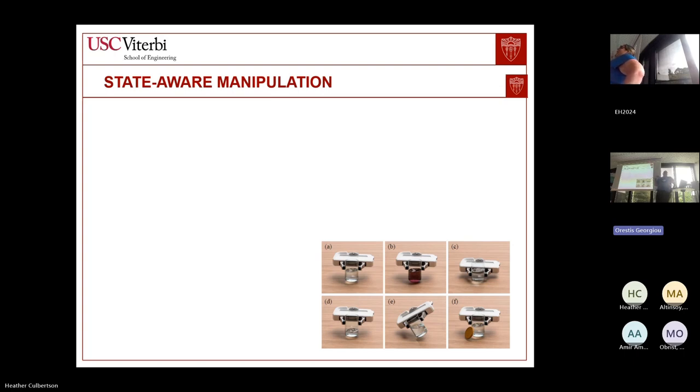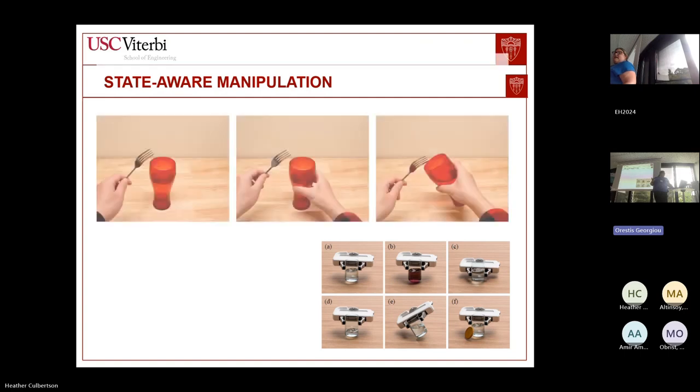We basically excite the resonant properties of the object so that we can tell material properties that you could not necessarily tell through vision alone.